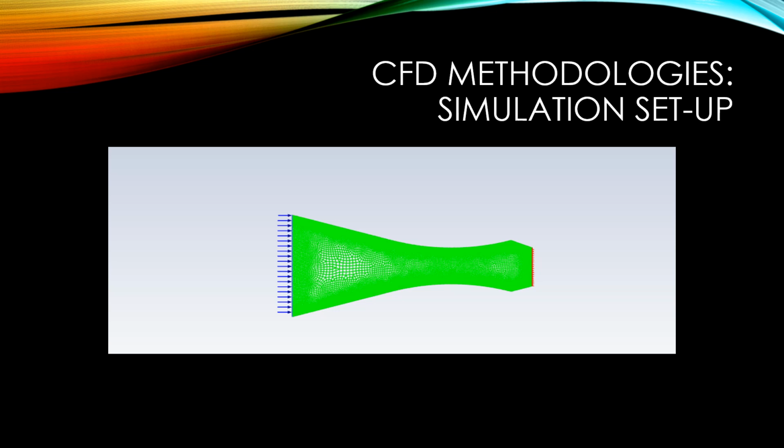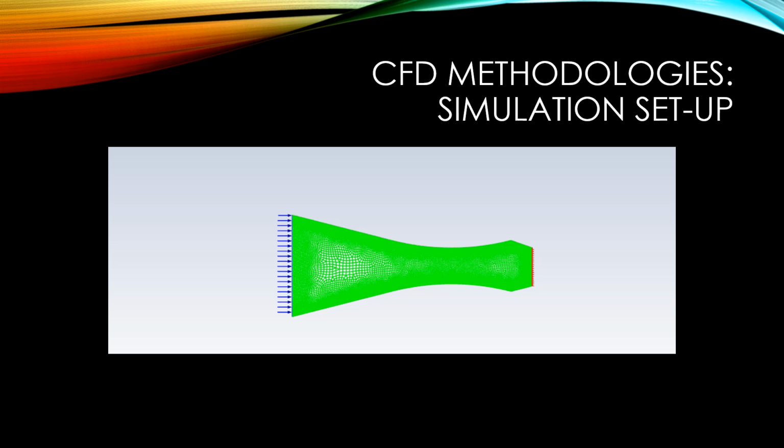I set the models as viscous k-epsilon transient flow, which is basically unsteady flow. Pressure and velocity contours were produced from running 50 time steps with 0.05 time step sizes.